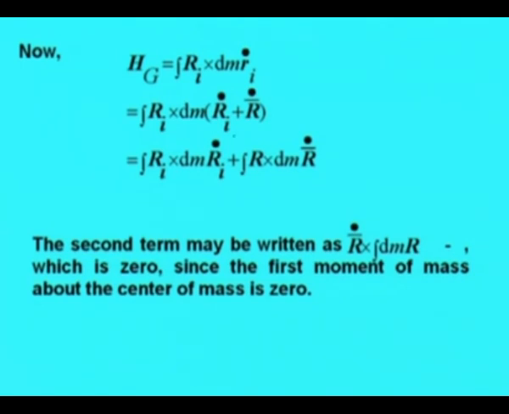Now the second term becomes 0, because it may be written as r cross the integral of dm r i with a minus sign, which is 0 since the first moment of mass about the center of mass is 0.